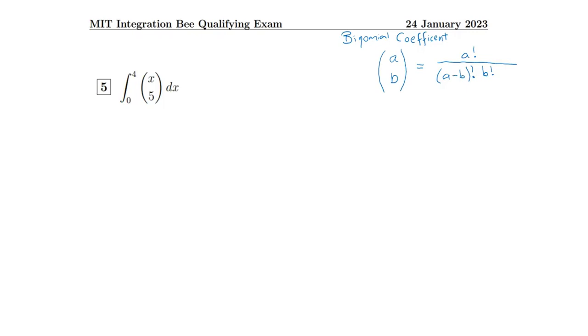Just as an example, if we had 6 choose 3, then this is going to be 6 factorial, which is 6 times 5 times 4 times 3 times 2 times 1, over, well, what is a minus b here? It's 6 minus 3, so that would be 3 factorial, so 3 times 2 times 1, multiplied by 3 factorial again, so 3 times 2 times 1.